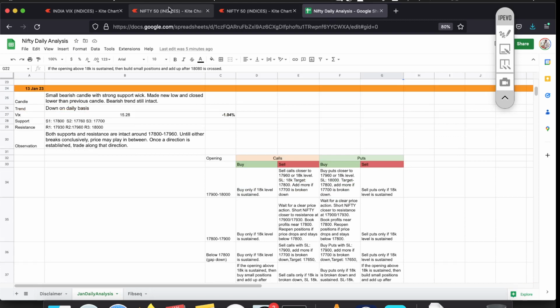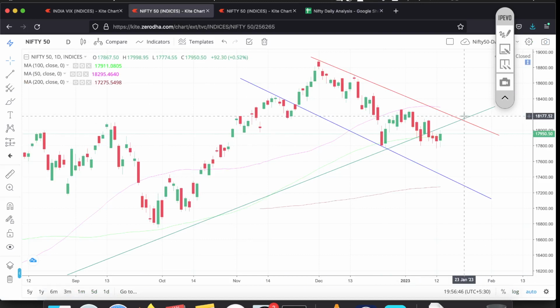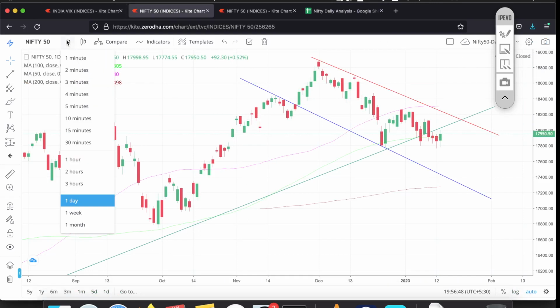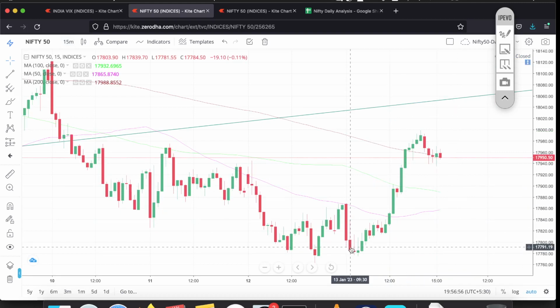Okay, so let us see what Nifty has done during the intraday today. We already have observed that Nifty opened at 17,867. So drilling down to the 15-minute level, the first two 15-minute candles are very bearish. There was a lot of sell-off immediately after Nifty opened, and the price dropped below 17,800.